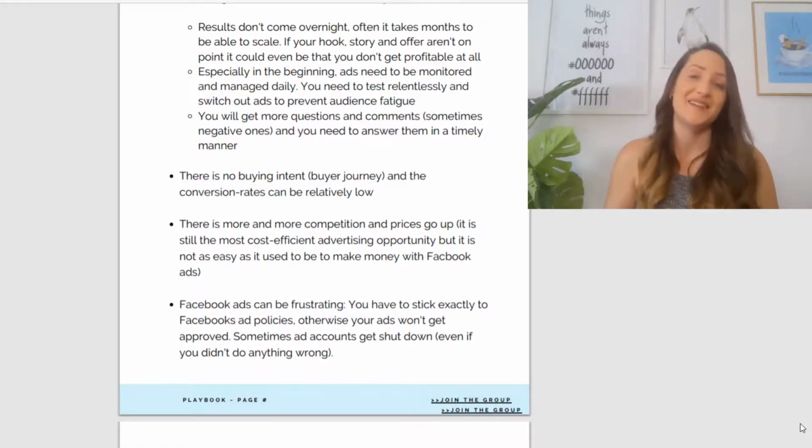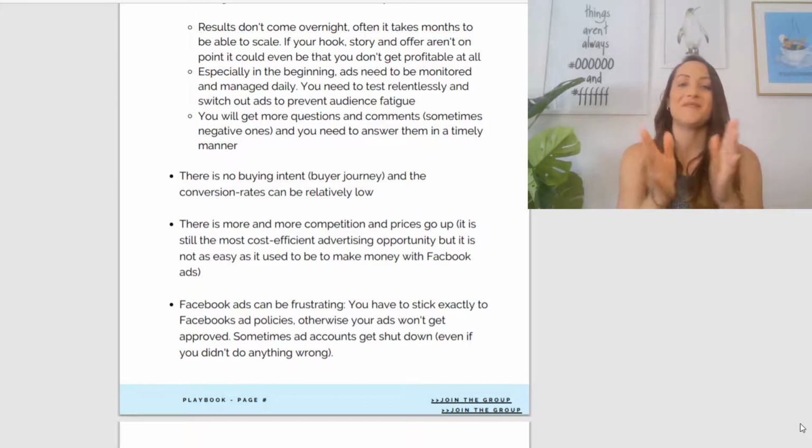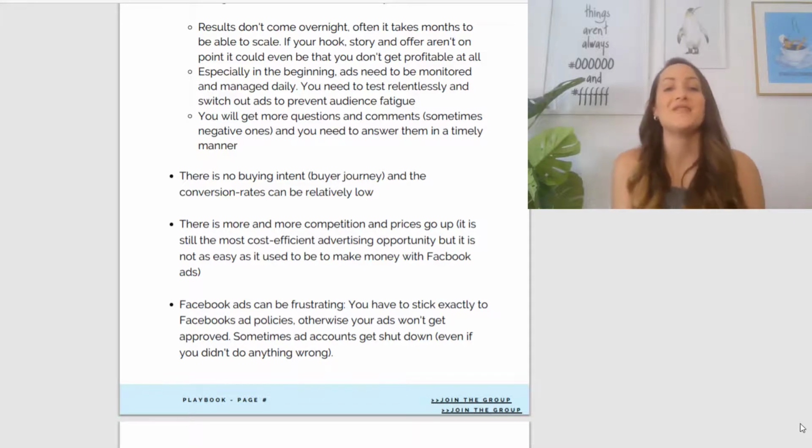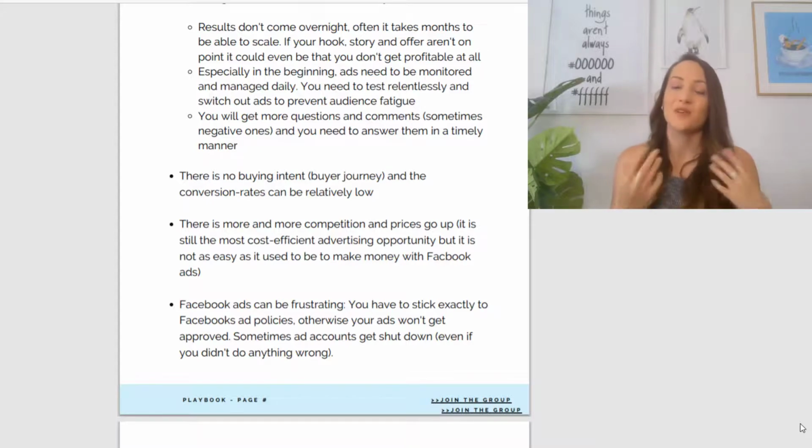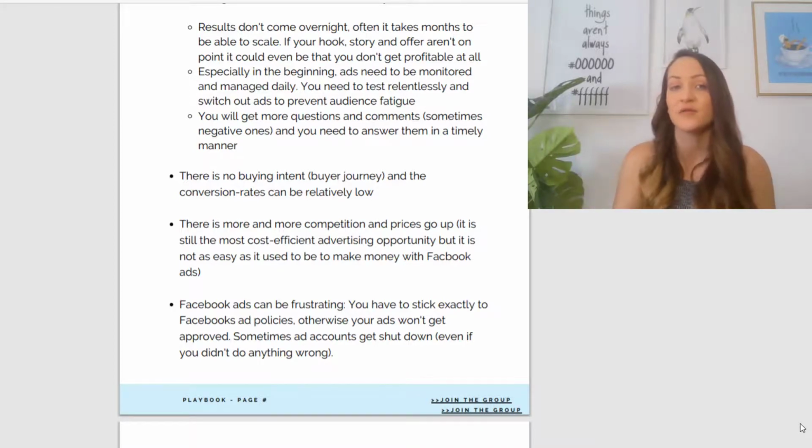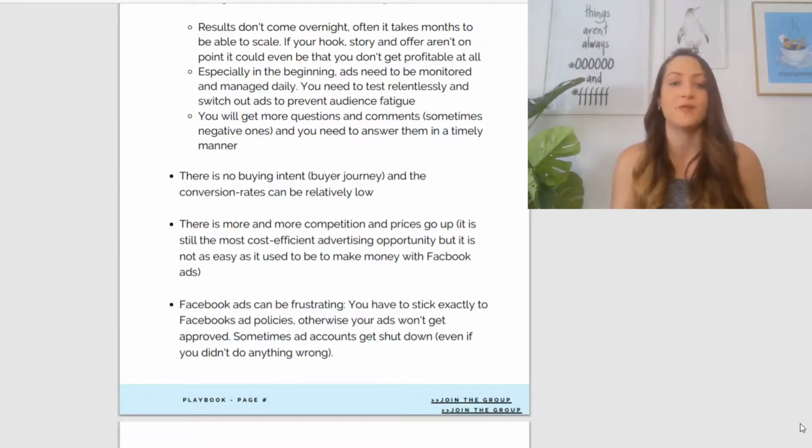Another downside is that Facebook ads can be super frustrating. Even if you're an experienced advertiser, Facebook changes things around all the time. There are new policies that are added. Sometimes there's just misjudgment. Accounts get shut down even if they did not do something wrong. People can report your ads and have your accounts at least suspended for a while.